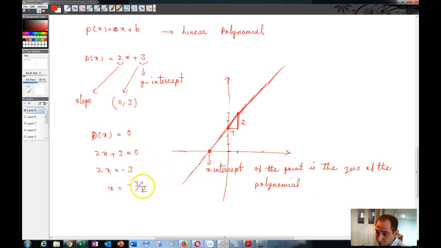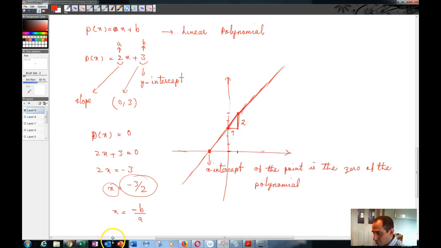And if you pay attention to the number that you got over here, we said that the general form of a linear polynomial is ax plus b, where this is a and this is b. This x is in the form negative b by a.